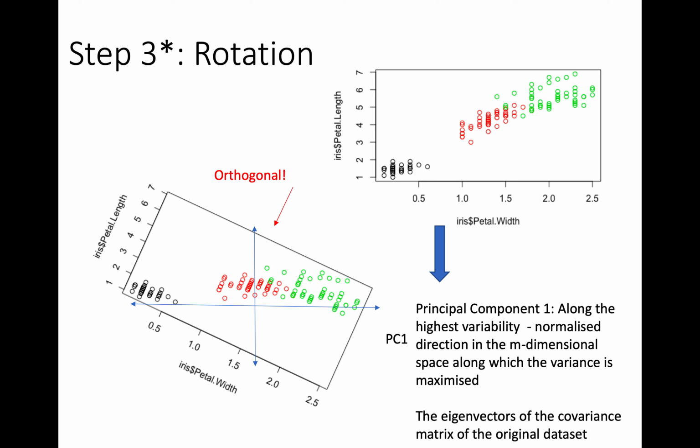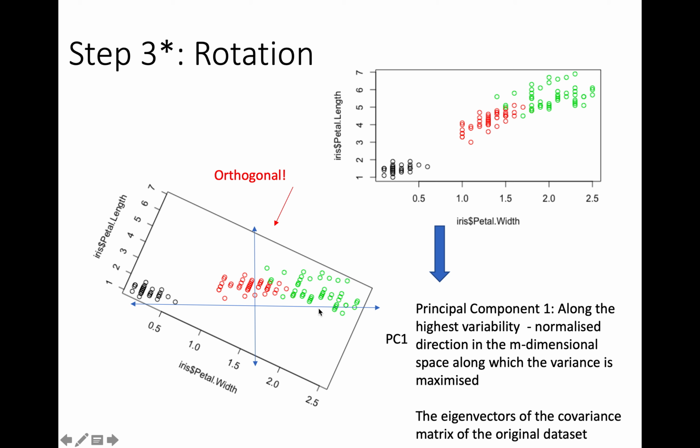I'm rotating with those vectors by using the dot product. I'm rotating my original vectors with the principal components to generate a new set of dimensions, PC1, PC2, PC3, that capture the variance.